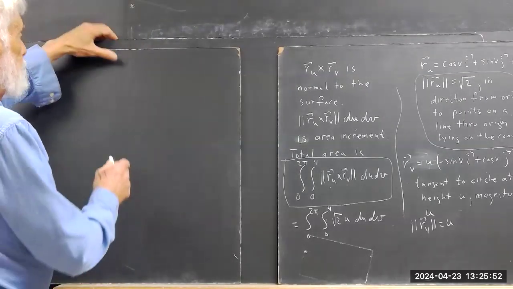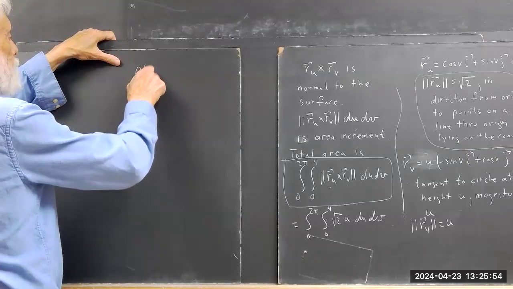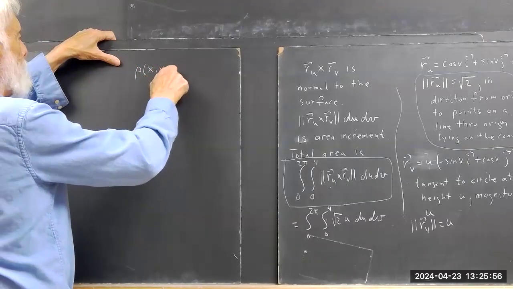So let's say that you have a density function, rho of x, y, z.